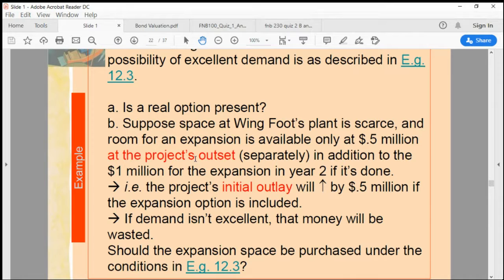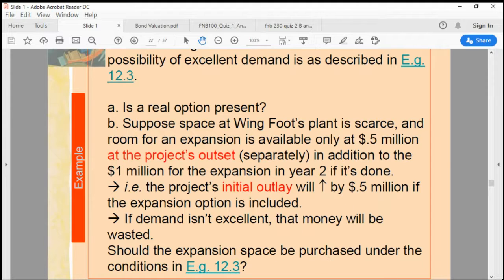But then think about it. This space will be just wasted if the demand doesn't turn out to be excellent. First of all, there's a 60% probability in year one that the demand will be good, and then there will be a 30% probability that the demand will be excellent.